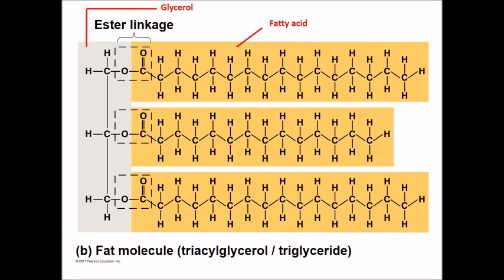For carbohydrate, the bond is named a glycosidic linkage. Meanwhile, for the lipids or the fats, the name of the bond that is formed by the condensation process is known as the ester linkage.